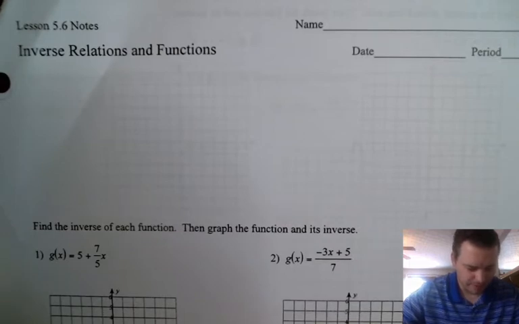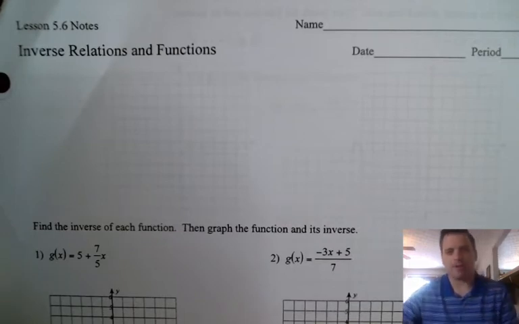All right, so here we go. Ready to rock and roll with 5.6 notes.